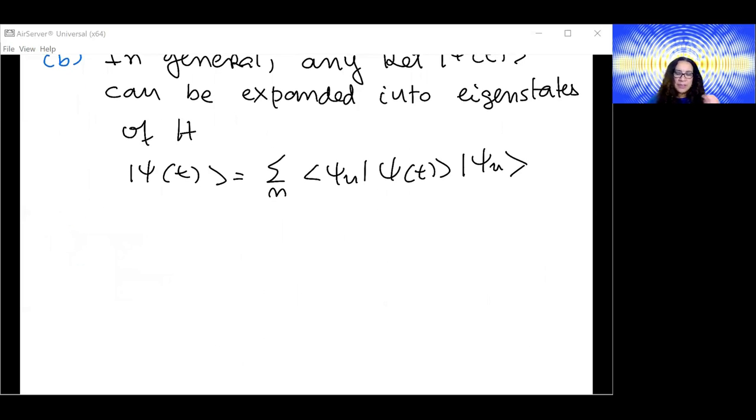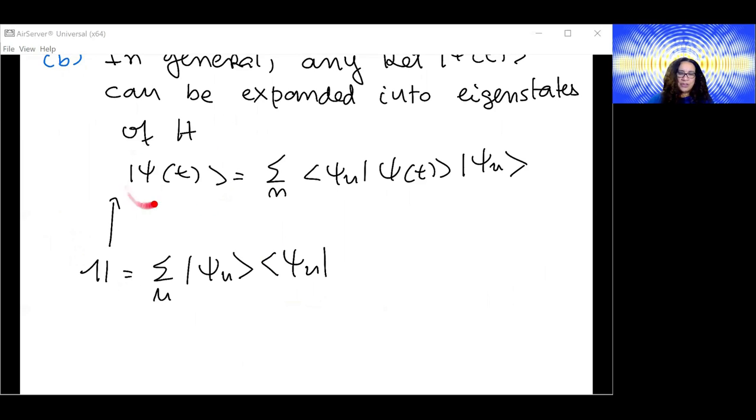If you are confused, I have just used a closure relation here in terms of these basis vectors. And when you apply this here, you get these coefficients and you get this guy, okay? But I can write it like that. It's good to try it a bit at home if you're not convinced. It's a good exercise.